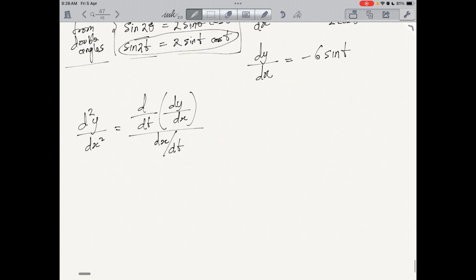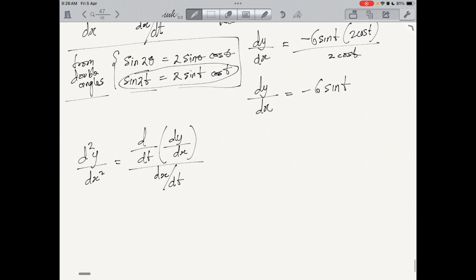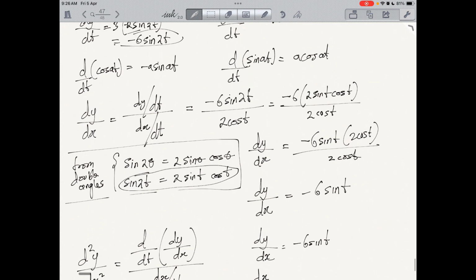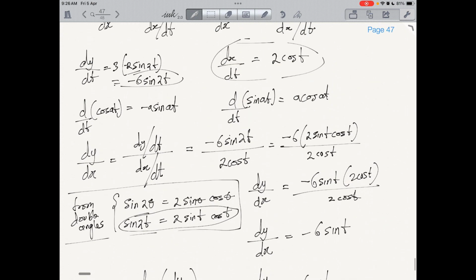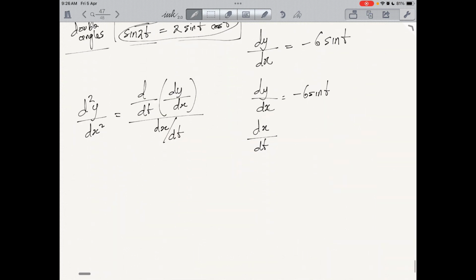Now let's look at what we have and what we don't have. We have dy/dx, which is minus 6 sin t. We also have dx/dt that we got here, the dx/dt to be 2 cos t.